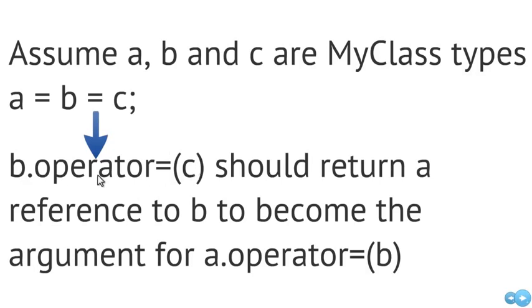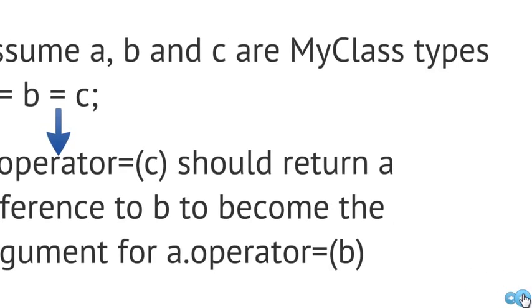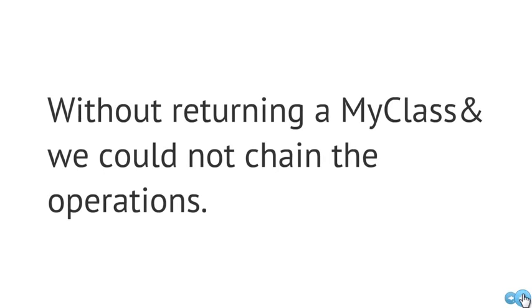So that thing there should be returning a reference to B so that it can become the argument to this particular operation here, which is our assignment from B to A. So the reason why we need to return a reference to a my class object, whatever that class may be, is so that we can do this type of chaining. So chaining is very important. Without returning a reference to a my class object, we would not be able to chain the operations.